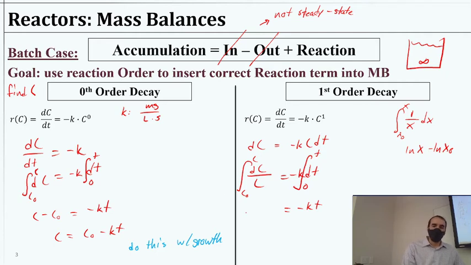So with that in mind, then we have over here the natural log of c minus the natural log of c naught. There's one other memory trick here, and that's one of the natural log rules. This can simplify nicely if we remember that the natural log of something minus the natural log of something can also be written as the natural log of that first thing divided by that second thing.